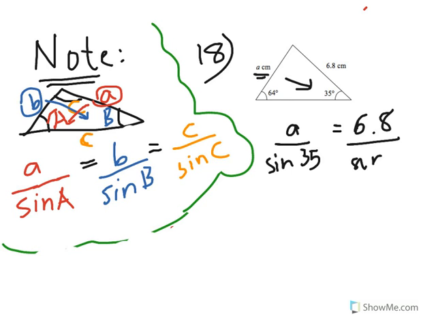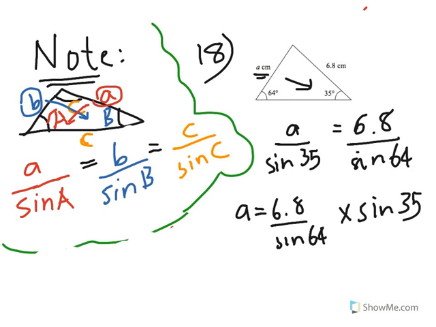If you don't want to just accept the rule, you can look at the proof, but it would take me too long to explain, so just go on Khan Academy and it will be explained for you really fast. All you have to do is solve this equation for A. Multiply both sides by sine 35, and you get A equal to 6.8 over sine 64 times sine of 35.